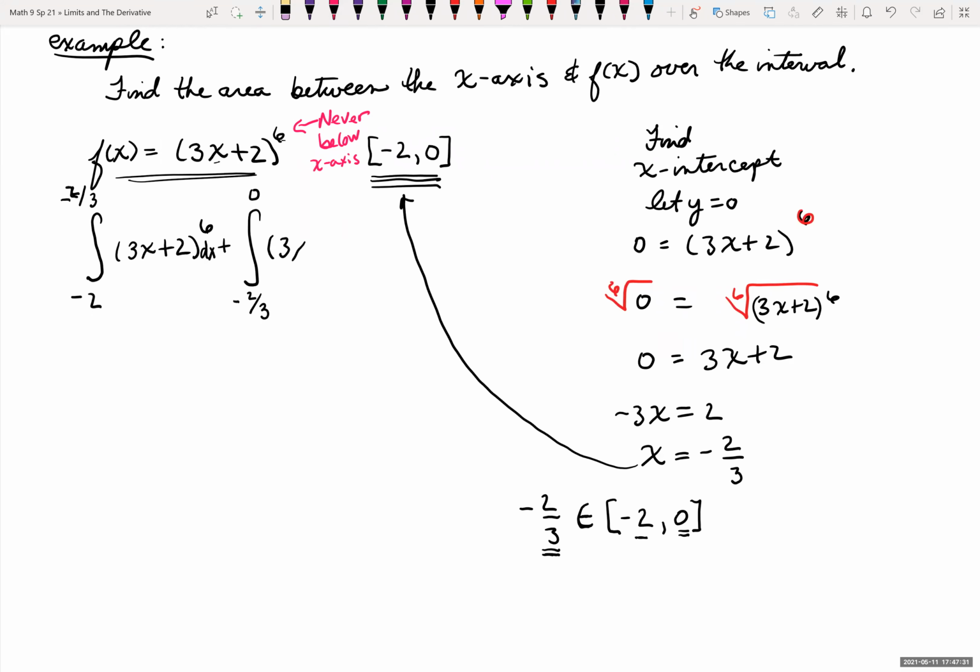I did a little extra work because I didn't see that at first. So I can just take this integral from my lower bound of -2 to my upper bound of 0.